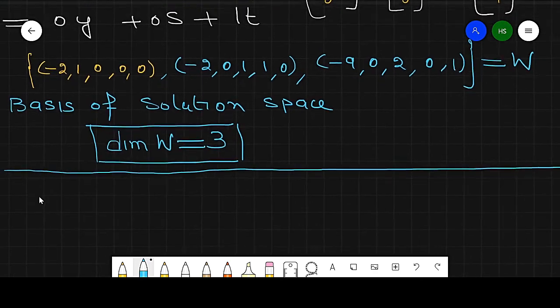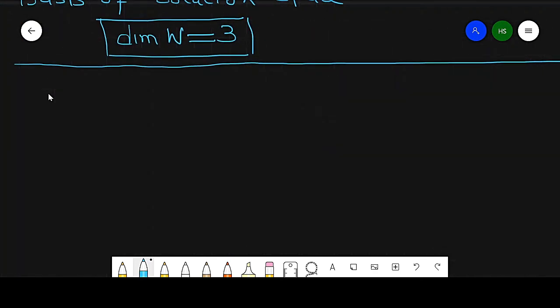We already know that if Ax equals 0, the rank of A is r and the order of A is n, then the number of linearly independent vectors is n minus r.